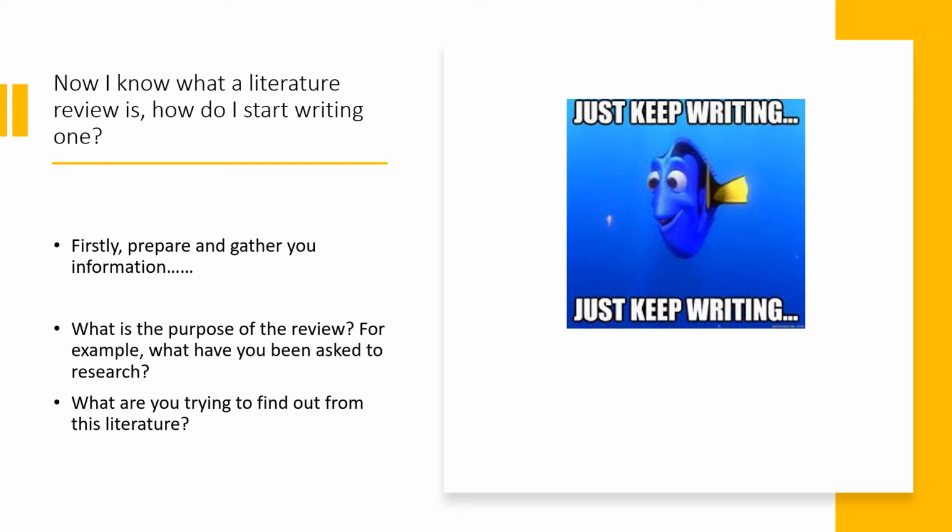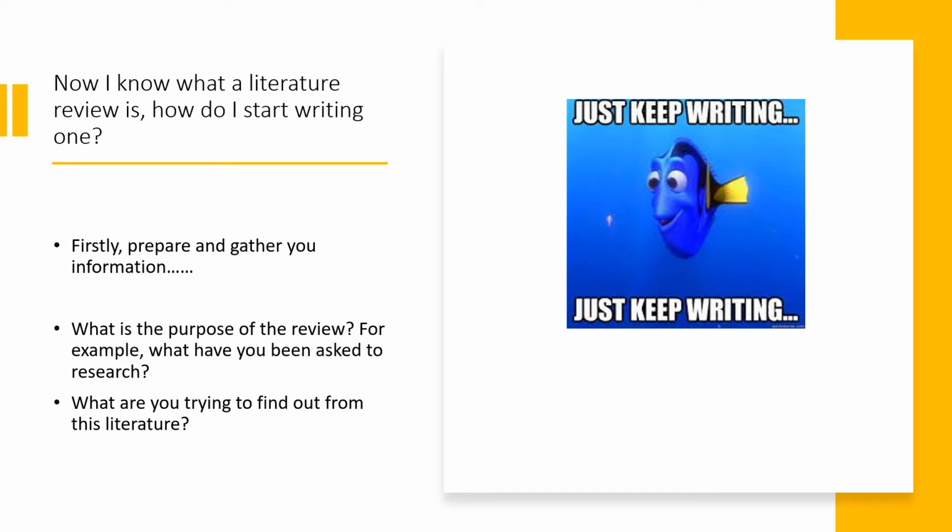What's the purpose of your review? What have you been asked to research? You want to go back to your assignment question for the literature review, and it gives you an overall kind of topic. The scene is set for what it is you need to be looking for, and that's going to be the purpose of your review.